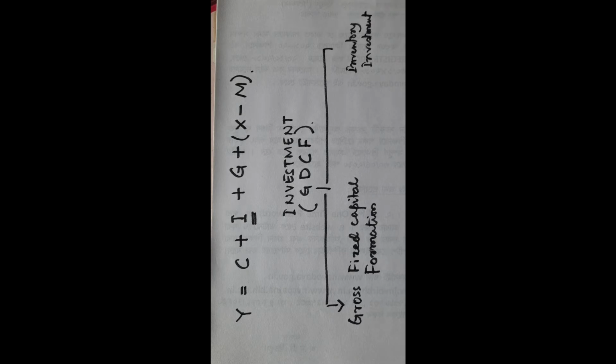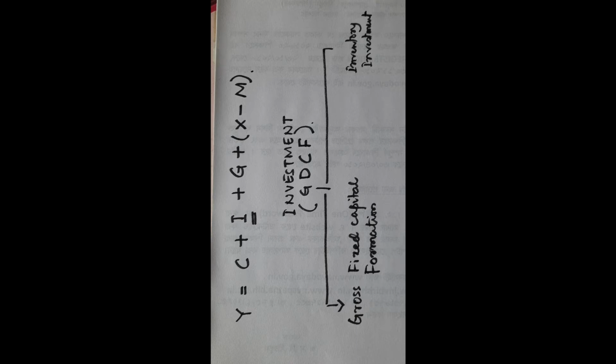Inventory investment is also known as change in stock. So if you are given the value of change in stock instead of inventory investment, don't get confused. It is nothing but change in stock or inventory investment. These can be used interchangeably.